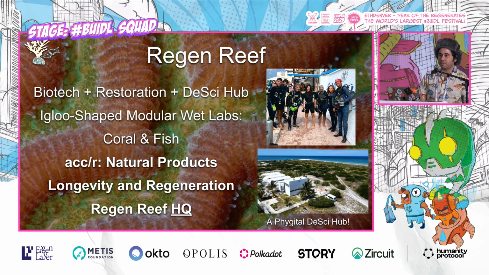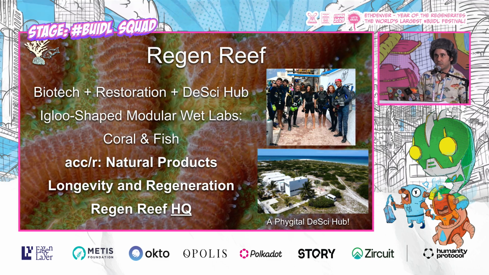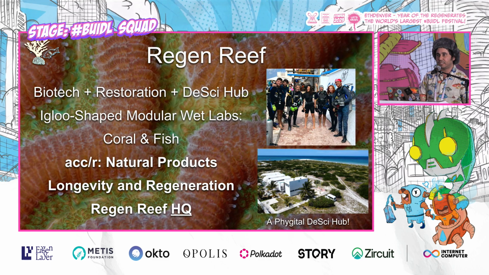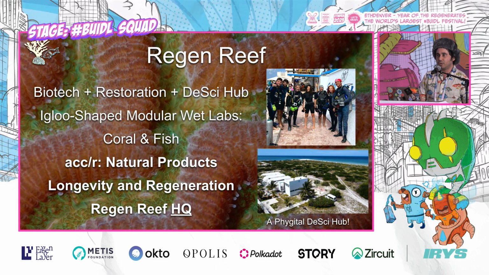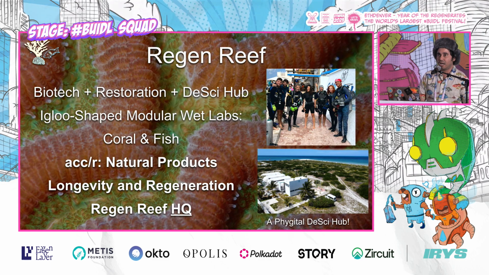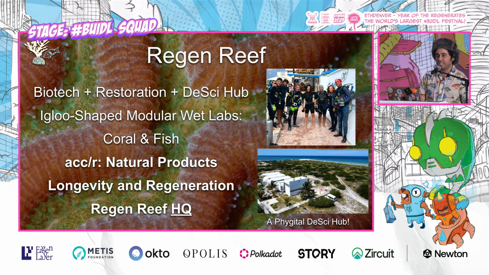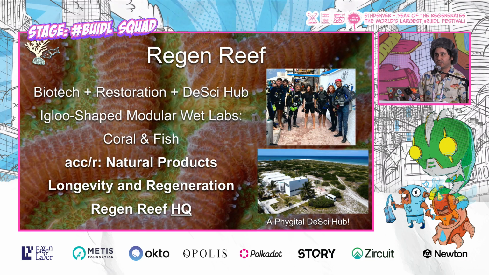We have been prototyping for years igloo-shaped modular wet labs, and we're planning to scale this using the Web3 stack that we know, in terms of on-chain metrics, to potentially create new products, essentially new markets: biodiversity credits and carbon credits. That's our ultimate goal in the long run.